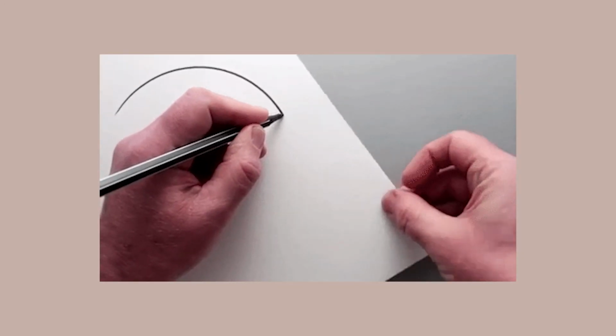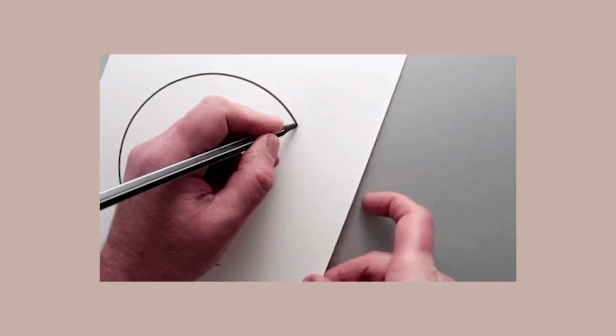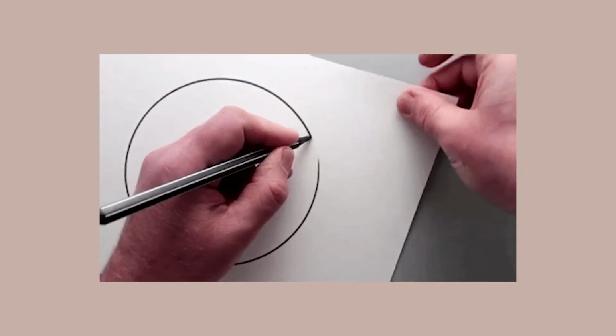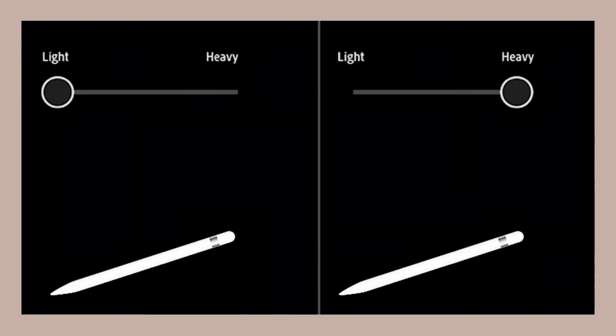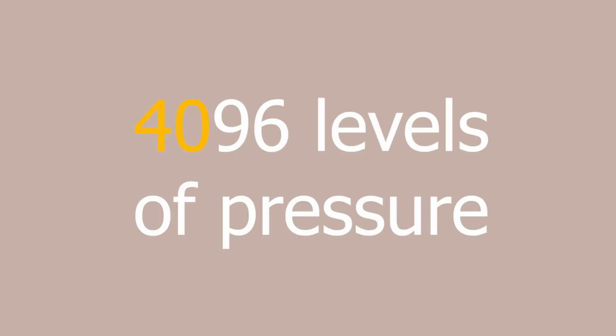But it's pretty simple, it's really not that complex. Basically, when you apply pressure on a pencil when you draw on a piece of paper, you get a harder, darker, thicker line. So pressure sensitivity is basically simulating that digitally. So when you're choosing a stylus, it's better to pick one with at least 4096 levels of pressure, which is most styluses.